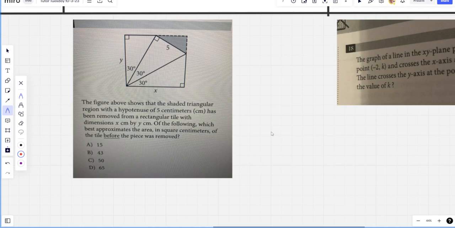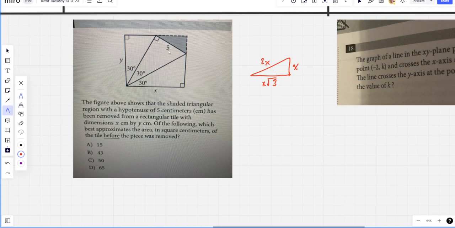Actually, this just seems like a bunch of 30, 60, 90 triangles. Remember, the 30, 60, 90 triangle looks something like this. If I can draw it straight. The small base is x, the hypotenuse is 2x, and this longer leg is x root 3.